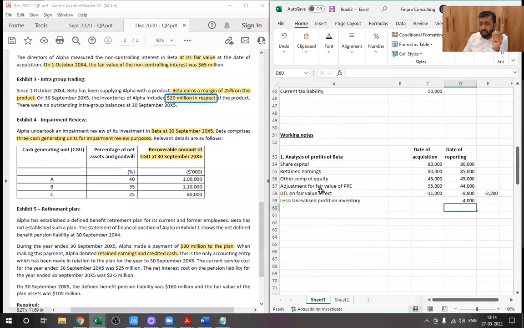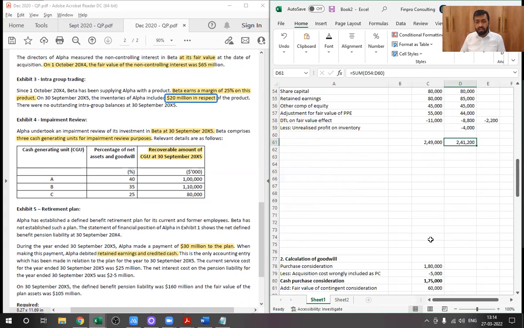So we'll have to straight away and immediately take the totals of this, because we need it from the impairment perspective for goodwill calculation, because unless we calculate this, we will not be able to complete the question, or use this exhibit 4 information for subsequent and further adjustments. So this 249 is the acquisition date fair value of the net assets, where this information will go.